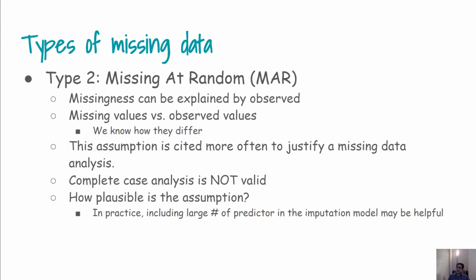And in this type of scenario, if we try to do a complete case analysis, that would not be unbiased, in the sense that we are only including subjects who are not shy about reporting their income, and that says something about the missingness pattern.